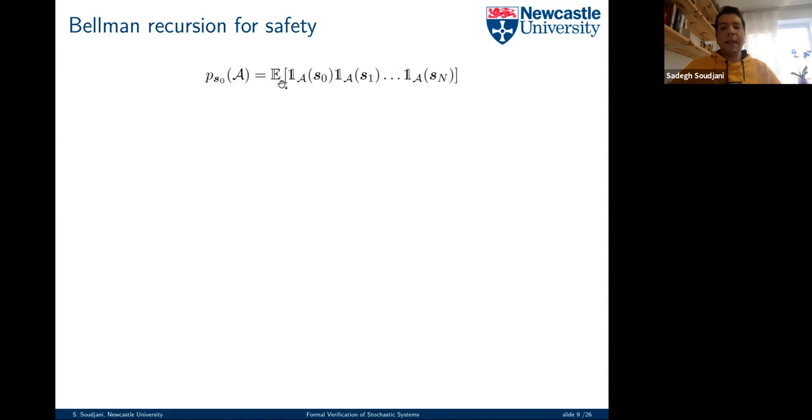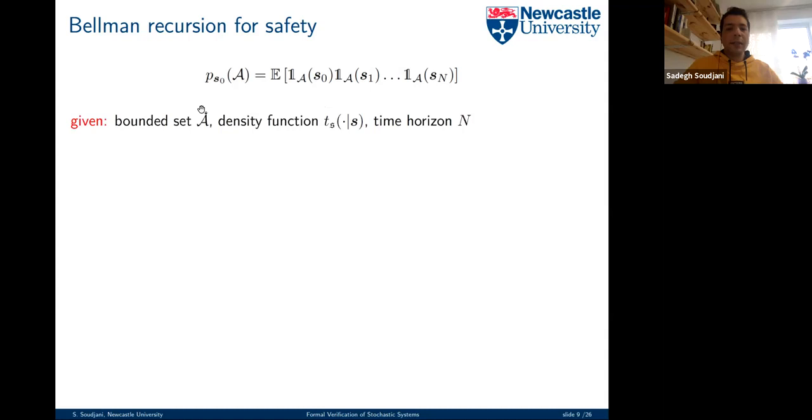And if we take the expectation of this Bernoulli random variable, it's Bernoulli because it takes values 0 or 1, there's no other option, and we just want to compute the probability that the random variable is equal to 1. It's the expectation of the Bernoulli random variable, and it gives us the probability of safety here. So this is a way of characterizing safety using expectation.